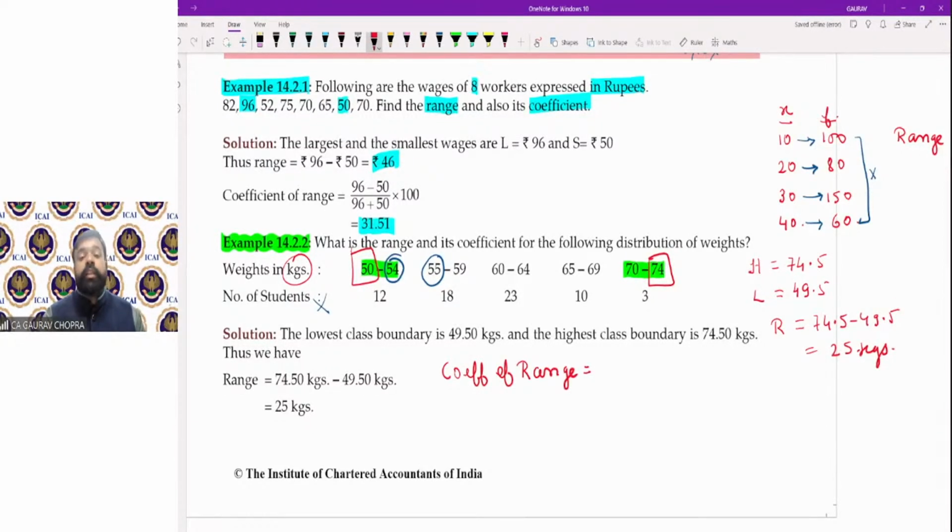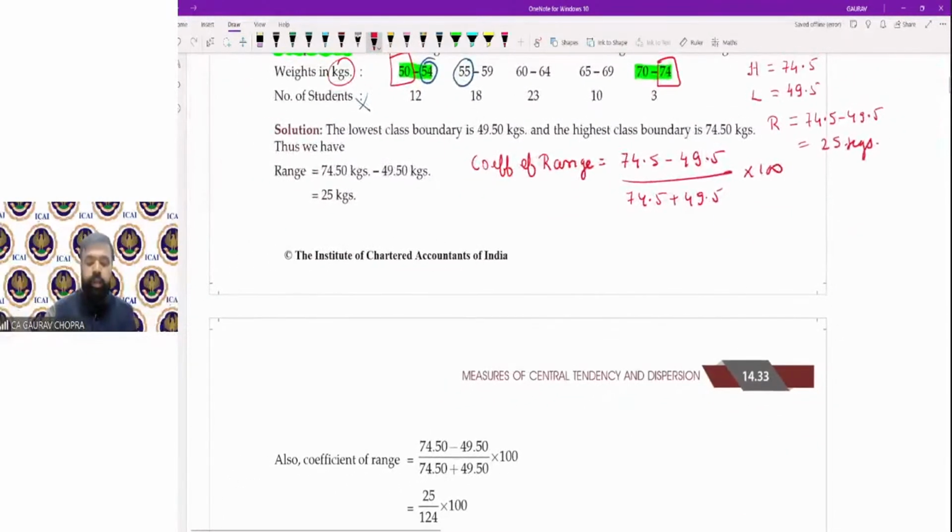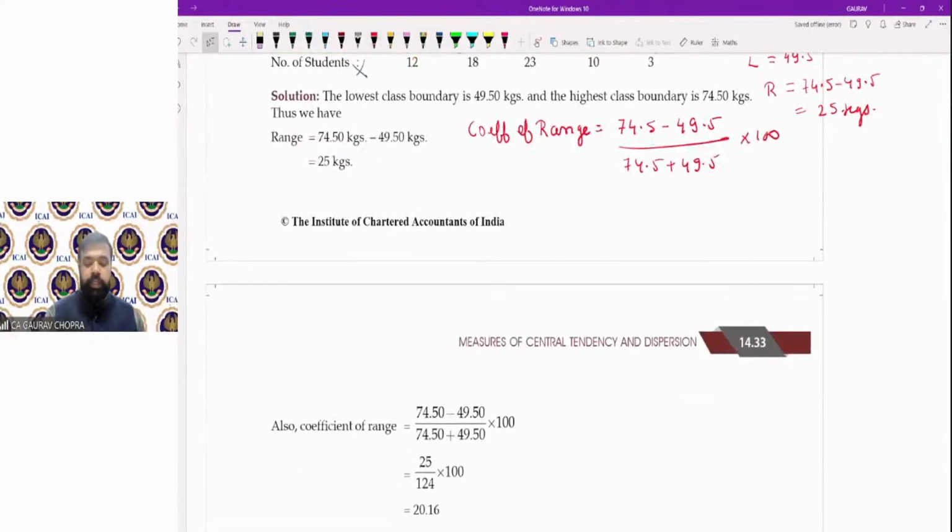Now, if you want to calculate the coefficient of range, then highest value 74.5 minus lowest value 49.5, divided by 74.5 plus 49.5, and then multiply by 100. So just apply and get the answer.